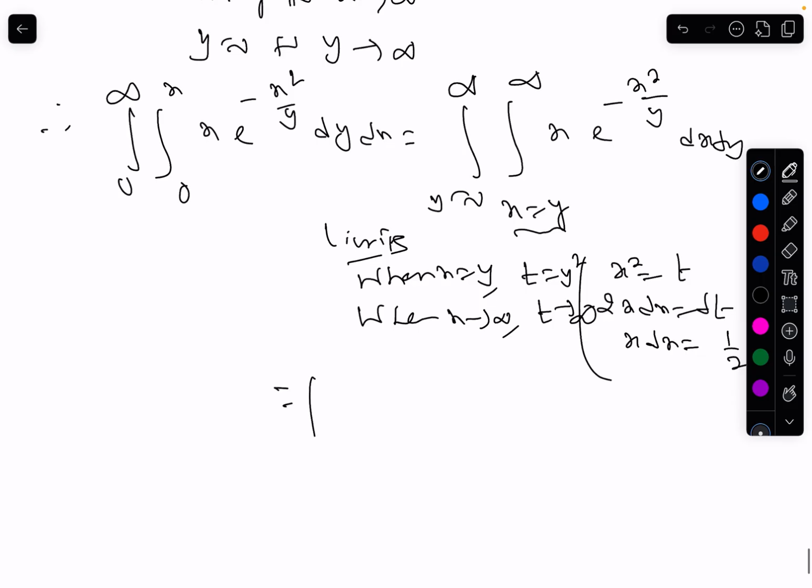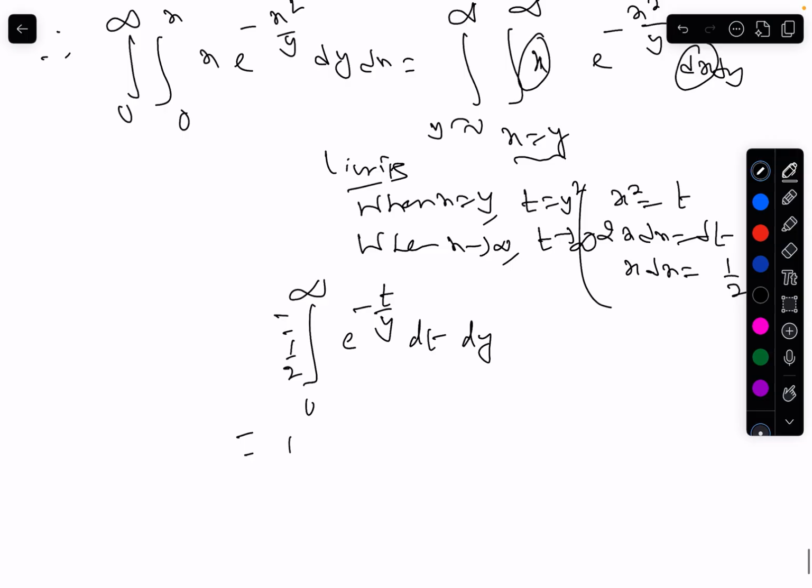So this is equal to the integral from 0 to infinity, x dx is 1 by 2 dt, e power minus x square is t, t by y.